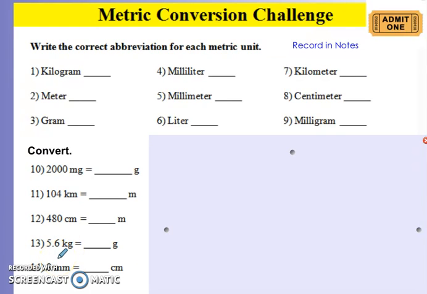And we're going to move it. How many places to the right? 3, because King Henry took 3 jumps. So we're going to do 1, 2, 3, and we got to fill in zeros. There's 2 zeros, 1 here and 1 here. So our final answer is 5,600 grams.